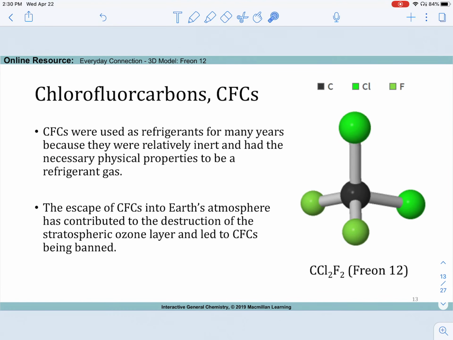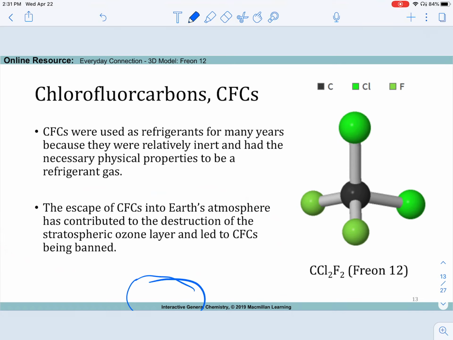Another example of one of these is one of the Freon agents, CCl2F2. And it's a really unreactive, very stable molecule. And it used to be used as refrigerants and for a lot of industries. But this is really bad for our ozone layer. The ozone layer is a layer at the top of the Earth. Here's our Earth.